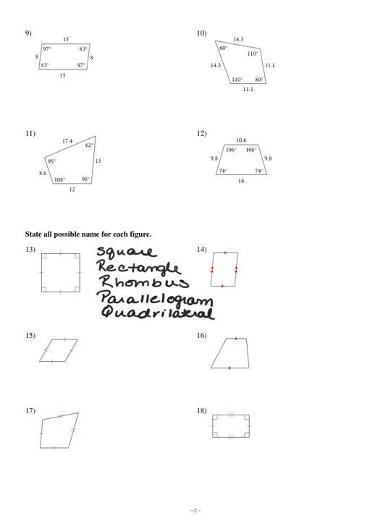And that's the answer they're looking for. The second set of questions is saying, all right, what's the most specific thing it could be, but then everything above it, it fits into that category too. All of the less specific names that we can give that quadrilateral.